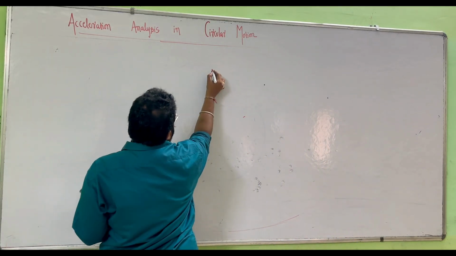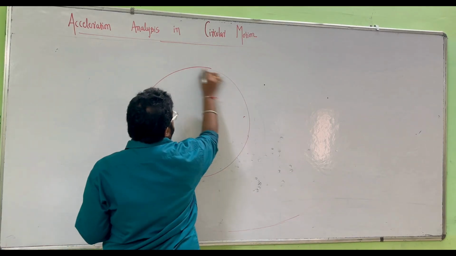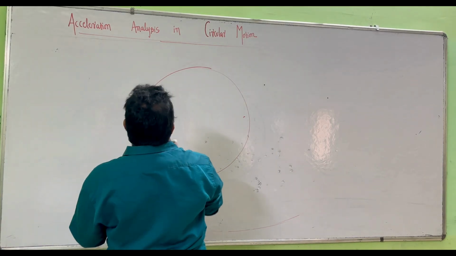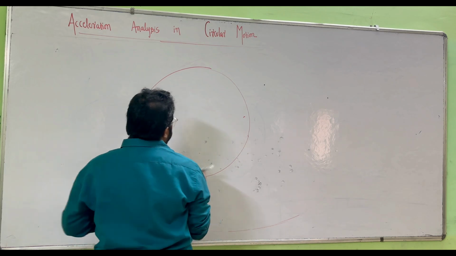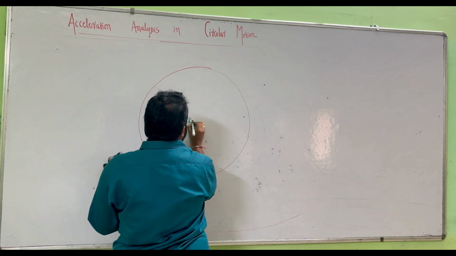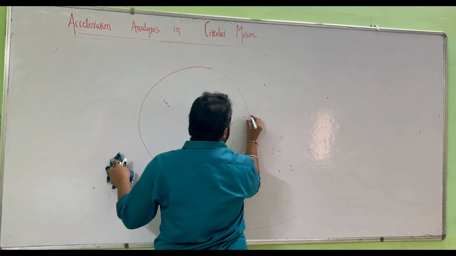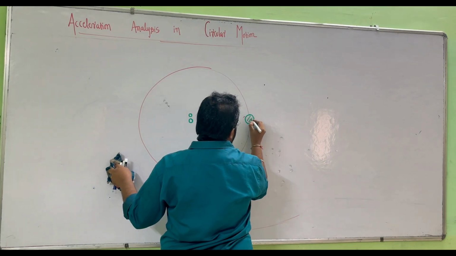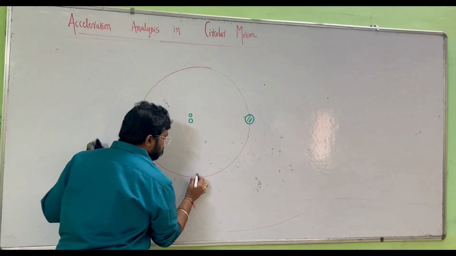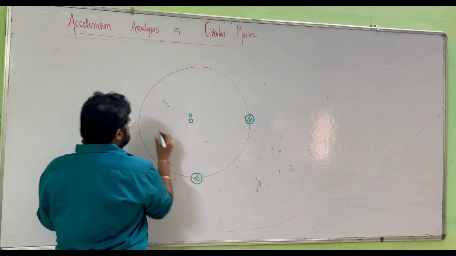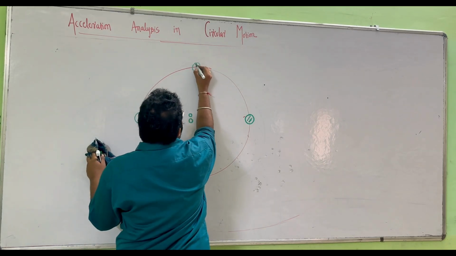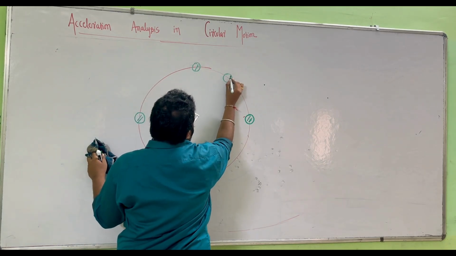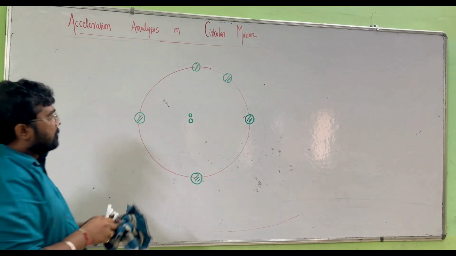We already did this part. This is the circular path, and this is the center of rotation. The particle moves along the circular path, at this instant, at this instant. Clear?